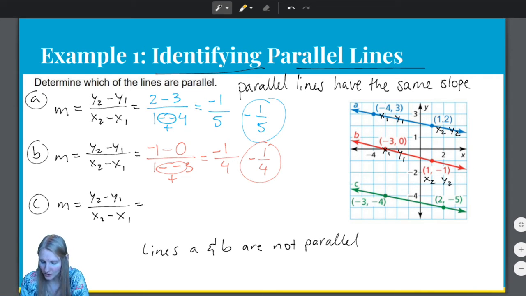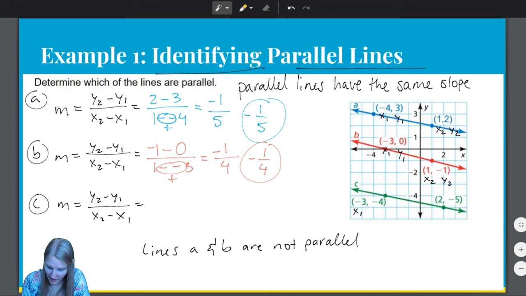The lines on the graph are not perfectly straight here. And we can also see that if we count negative 1, 1, 2, 3, 4, and negative 1, 1, 2, 3, 4, 5, their slopes are not exactly the same, which means that eventually, way down the road, they will cross. Okay, lastly, let's look at the green line.